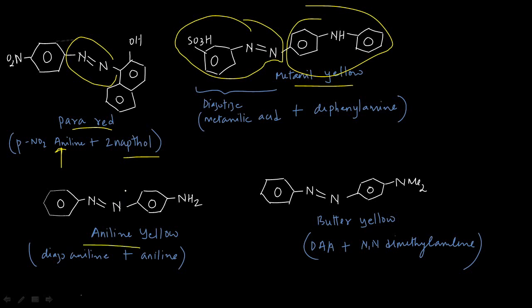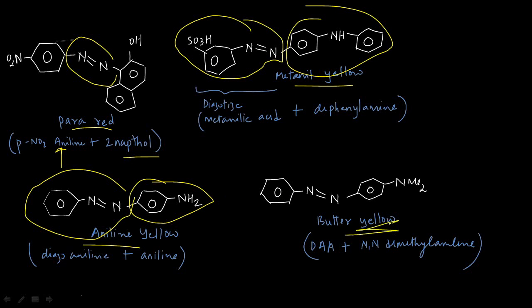The first is diazotized aniline plus aniline. Then we have butter yellow. As the name suggests, this is used for coloring butter. So we have diazotized aniline, just like aniline yellow, and we have N,N-dimethyl aniline.